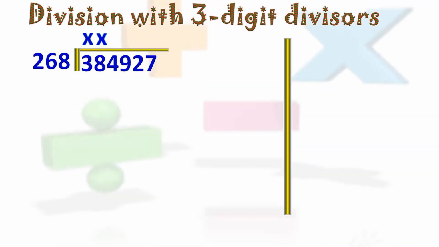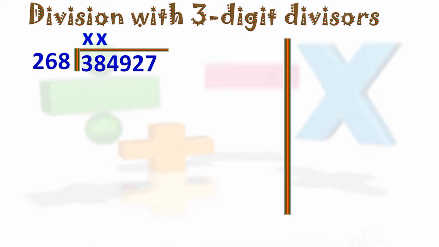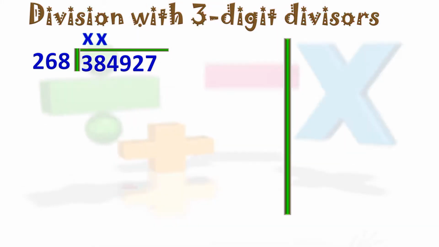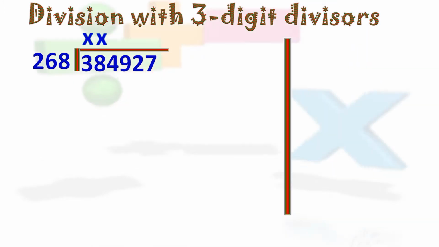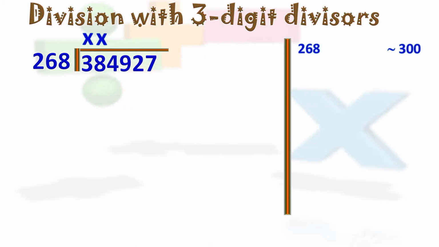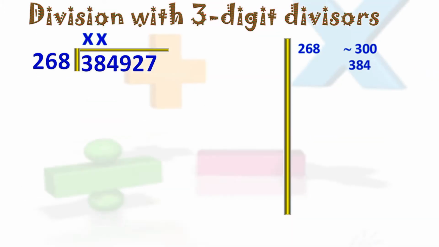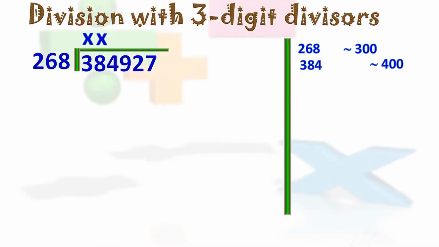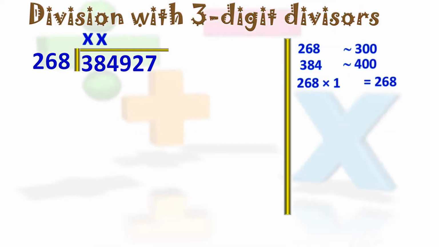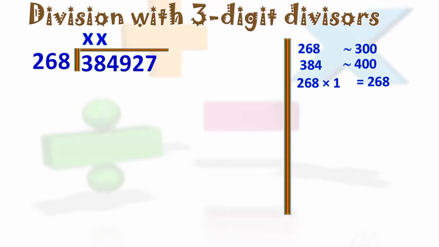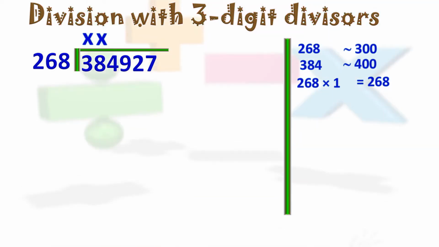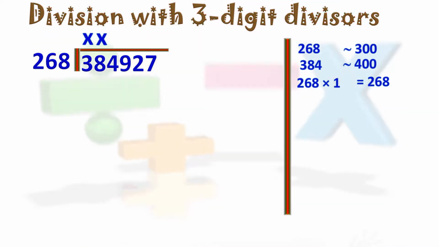Just like the two-digit division, we have to estimate 268 and 384. Let us see what we get. So 268 is rounded up to 300 and 384 is rounded up to 400.